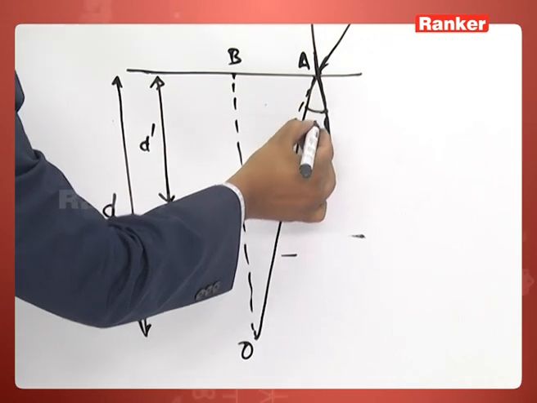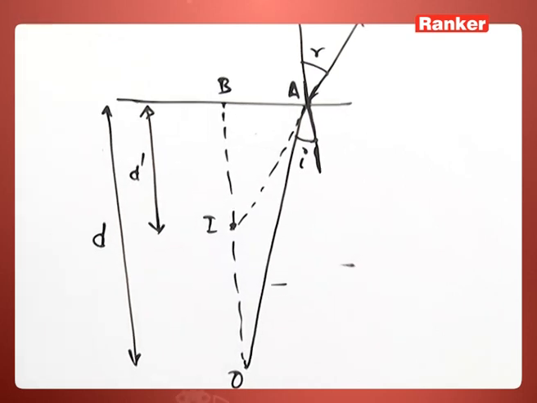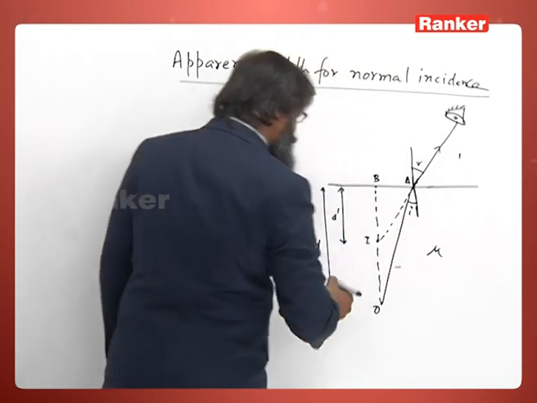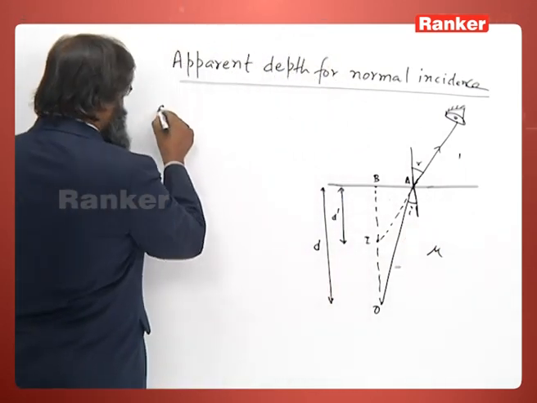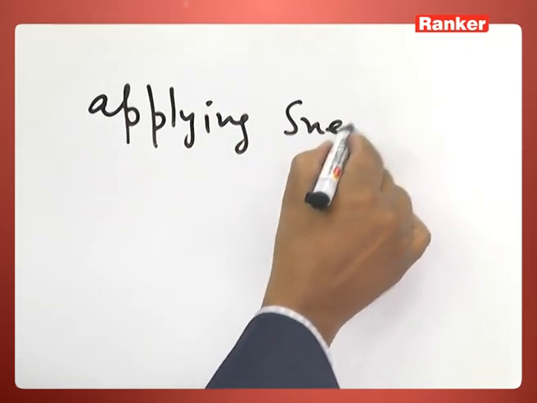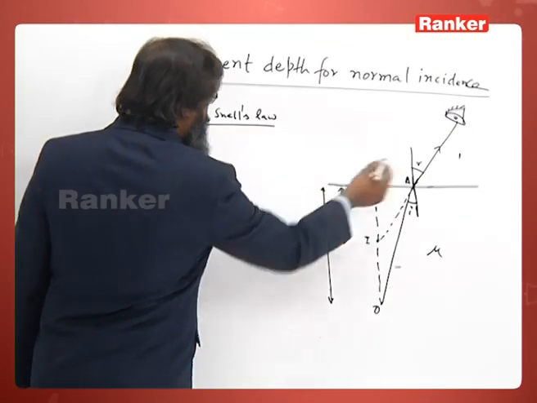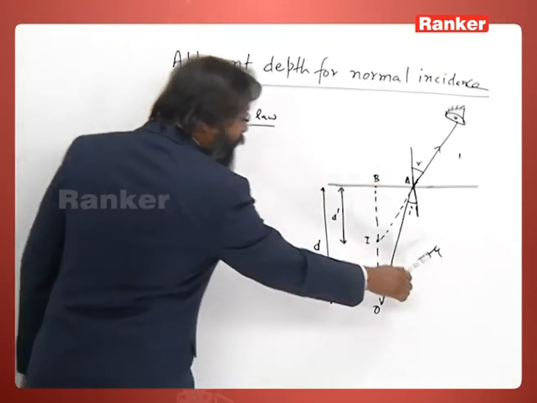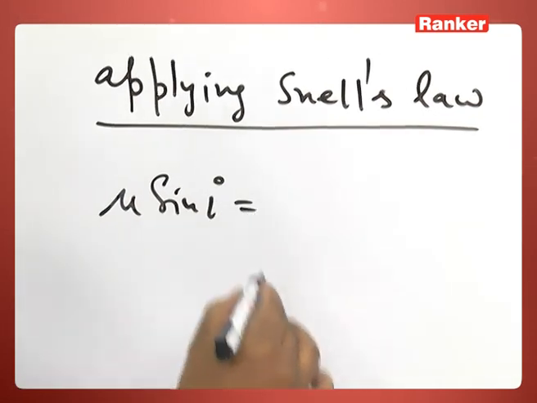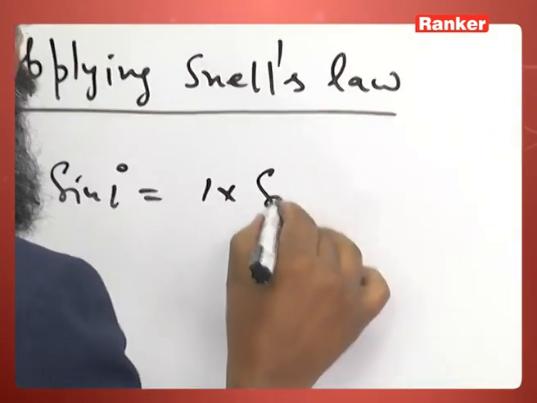This angle will be I and this will be the angle of refraction. Let this medium have a refractive index mu and here 1. So, applying Snell's law at the refracting surface, we have mu times sin I is equal to, here refractive index is 1, times sin R.